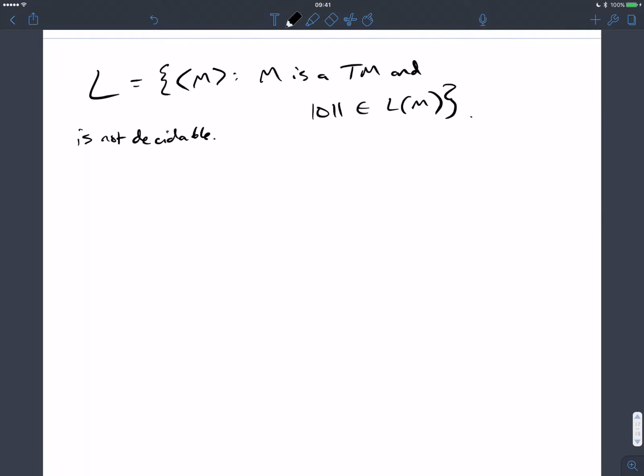That it's a non-trivial property of Turing machine languages. So ignore non-trivial for a second. Can we show that it's a property of TM languages? Yeah, how would I show that?